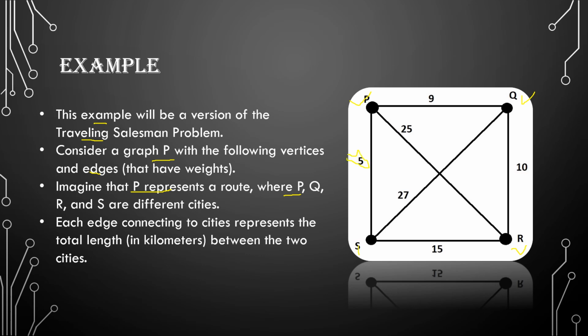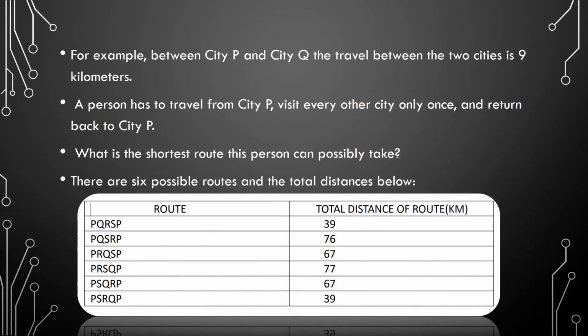So let us move to the next part. For example, between Q and P, the difference between the two cities is 9 kilometers. A person has to travel from city P, visit every other city once, and return back to city P. What is the shortest route possible?